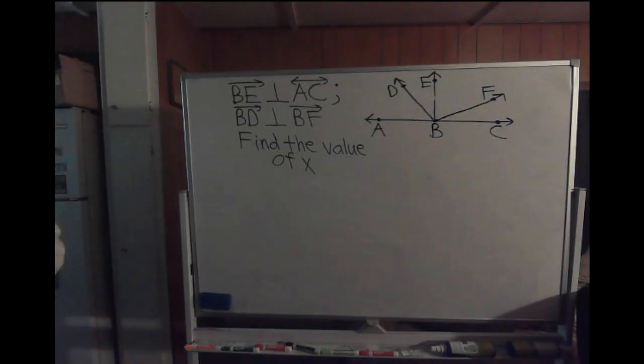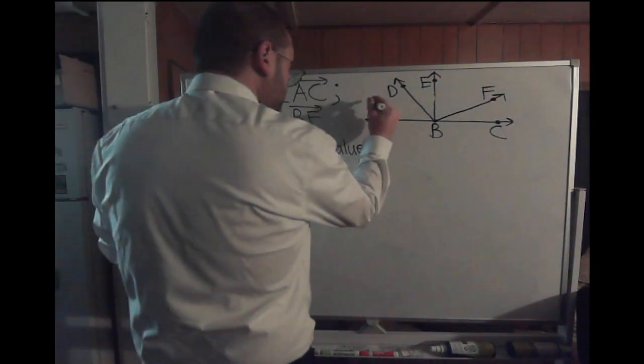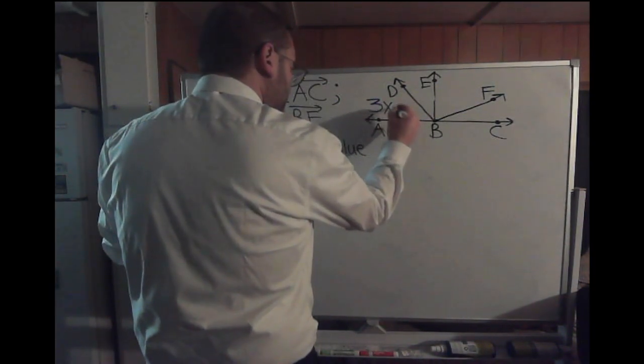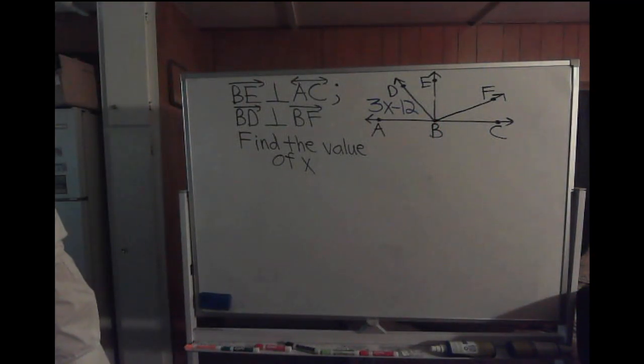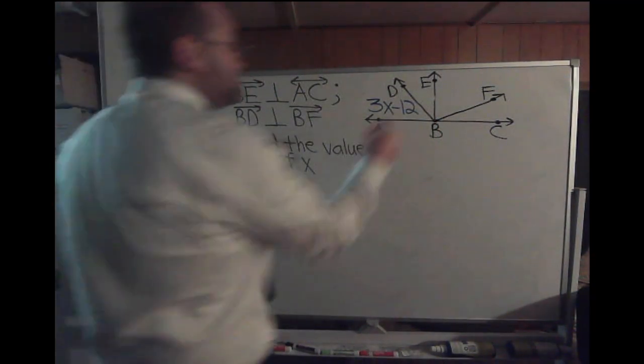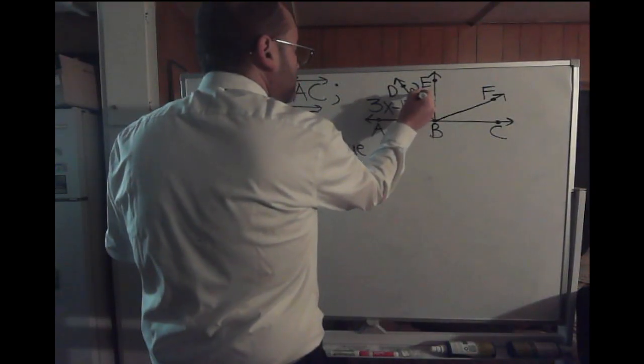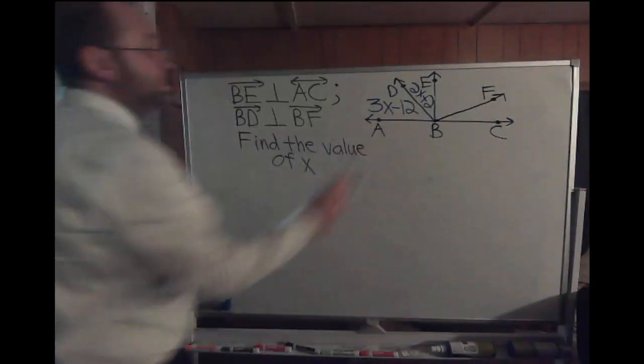That's it. All right, angle ABD is equal to 3x minus 12. Angle DBE is equal to 2x plus 2.